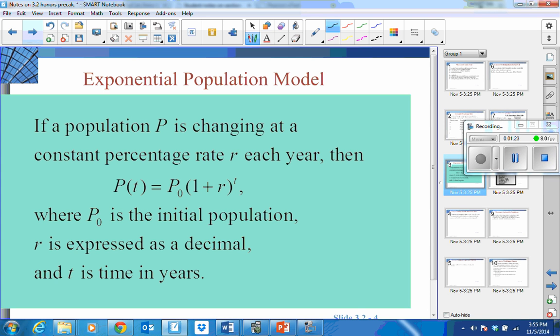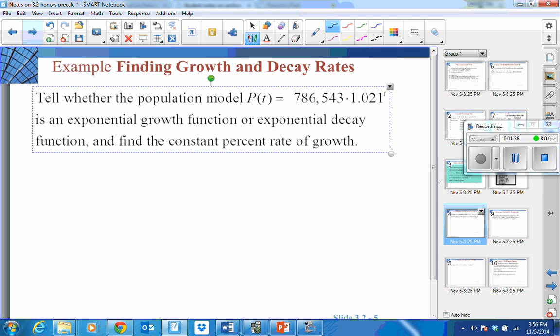So if a population is changing at a constant percentage rate r each year, then the population growth is represented by this equation, where P of 0 is the initial population, r is expressed as a decimal, and t is the time in years. So tell whether the population model P of t equals 786,543 times 1.021 to the t power is an exponential growth function or exponential decay function, and find the constant percent rate of growth.